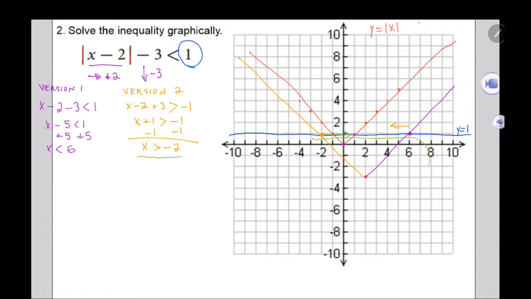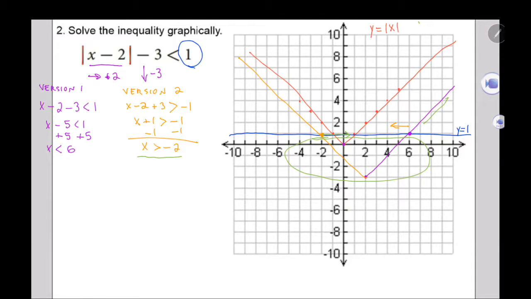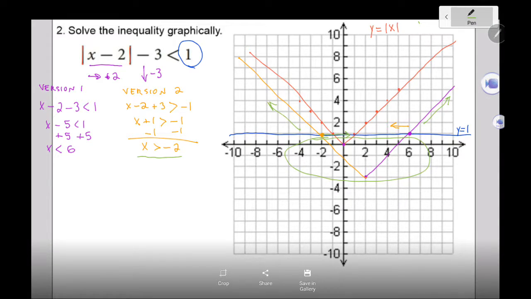This area right here is all less than 1. So in that area between negative 2 and 6, it's less than that blue line at y equals 1. Everywhere else it's greater than the blue line. And over here it's greater than the blue line. Just in that section between those 2 values.